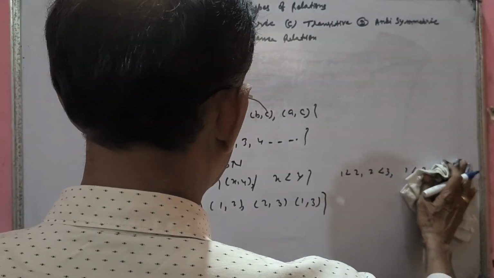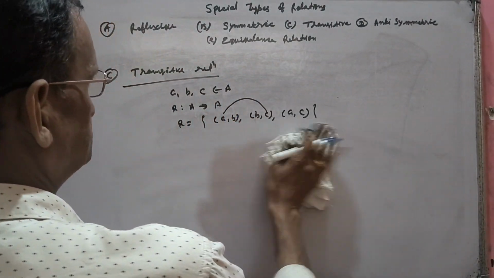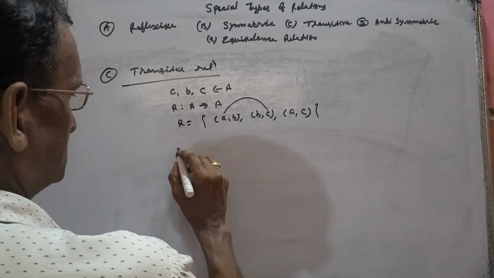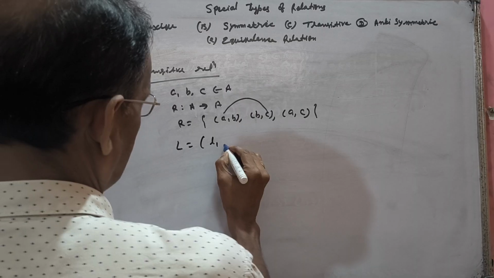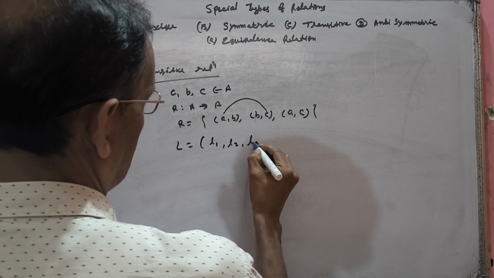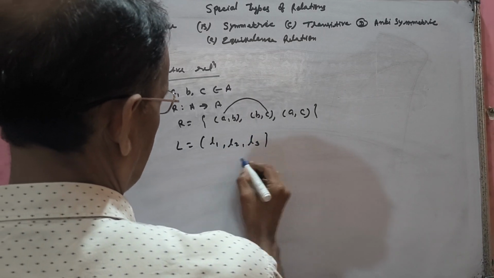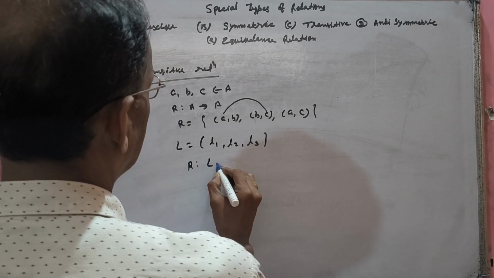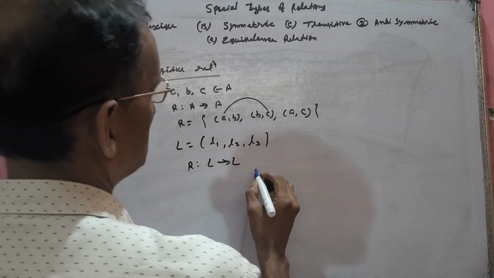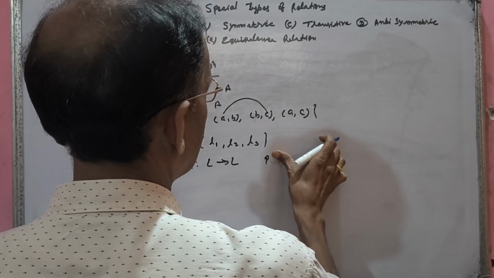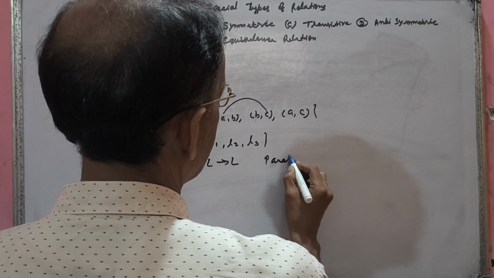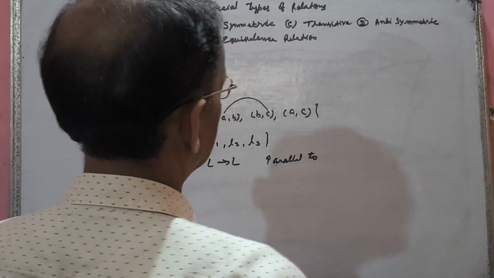We need more examples. See, in the case of parallel lines, suppose L1, L2, L3, and R is a relation from L to L, defined as parallel.